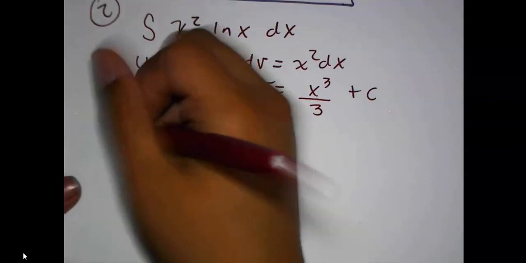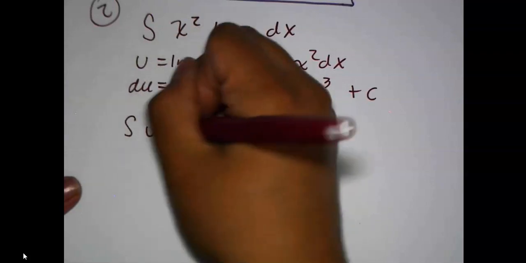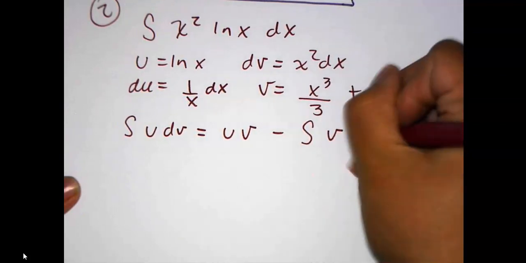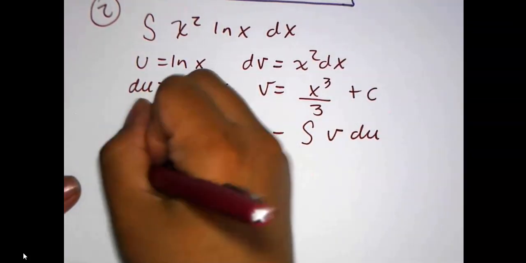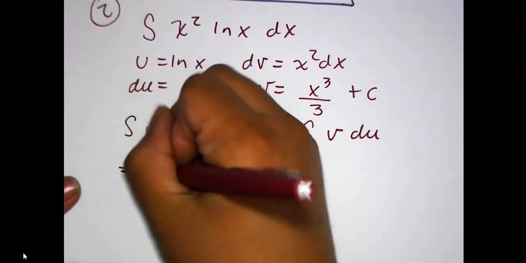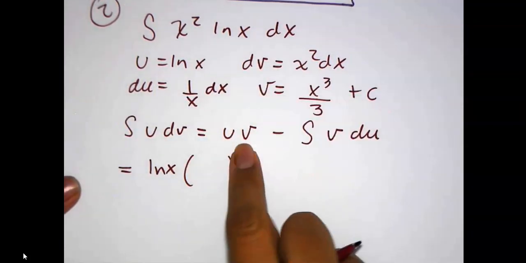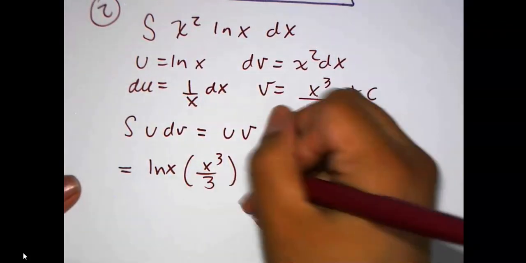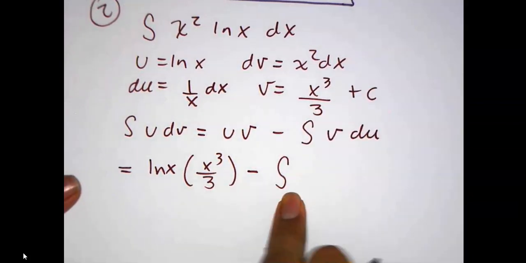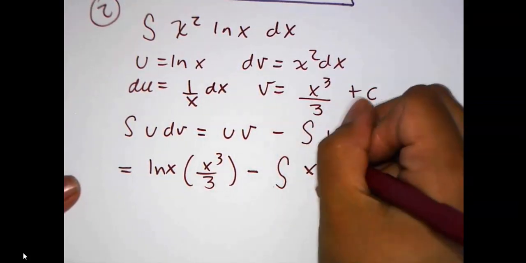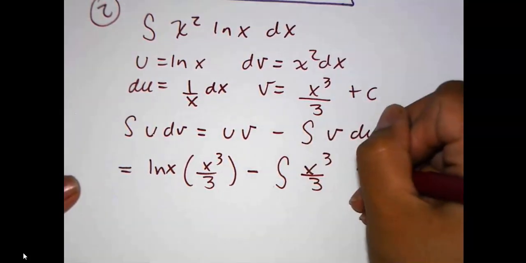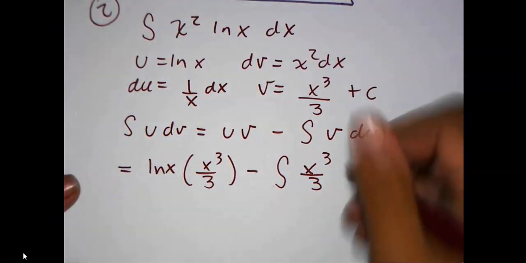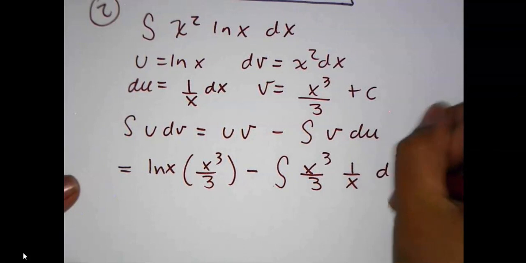So now, I'm going to write my formula again. The integral of u dv equals uv minus the integral of v du. Again, what will be my u? Natural log of x times v. v is x to the third over 3, minus the integral of x to the third over 3 times du, which is 1 over x dx.